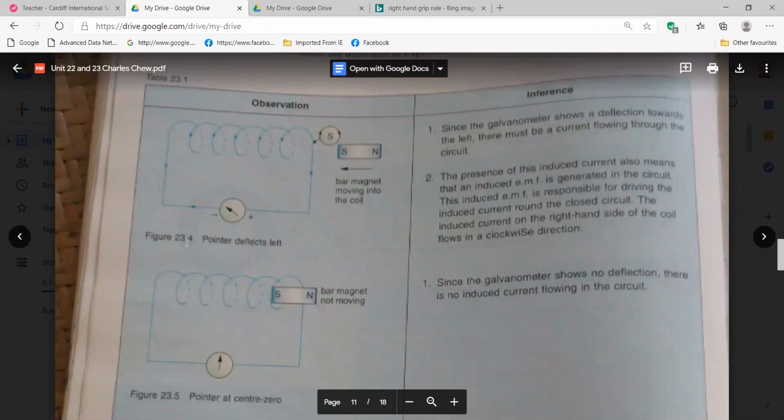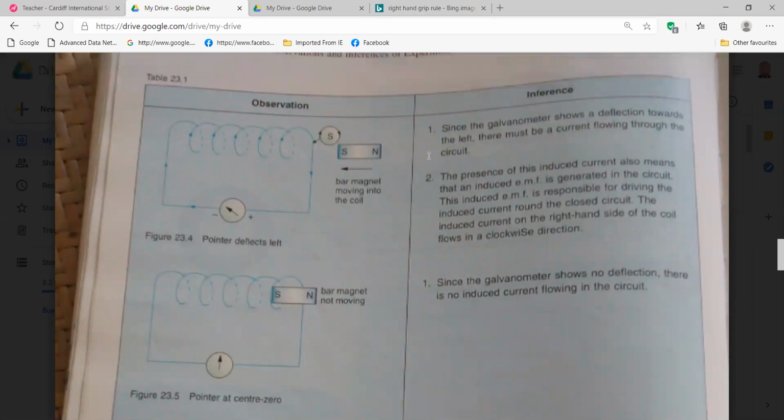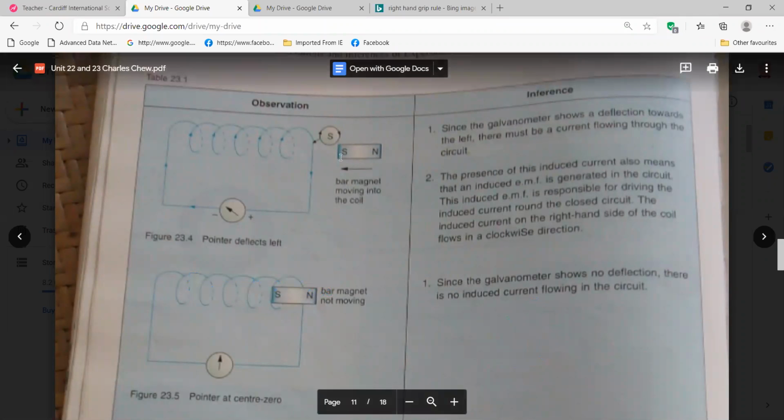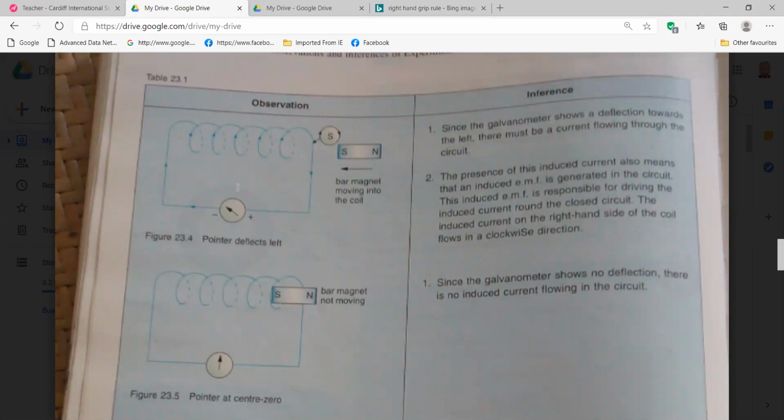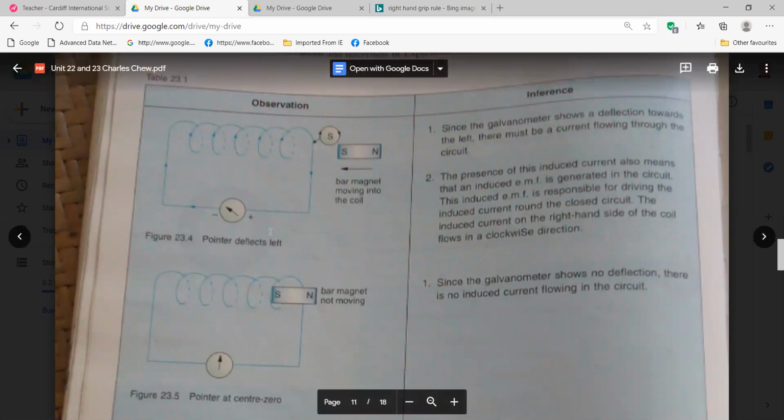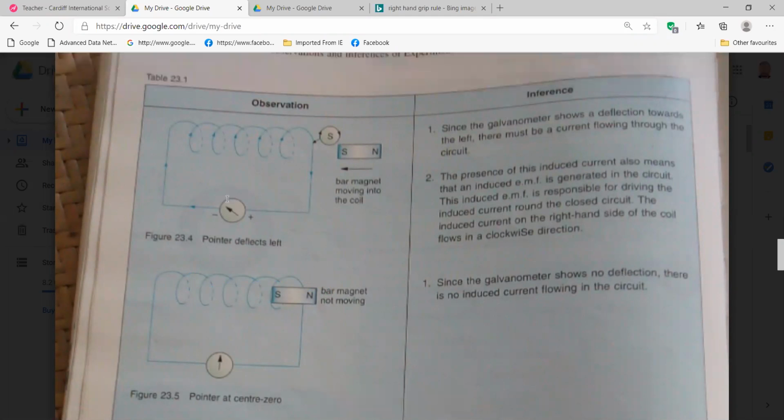Look, here we got Faraday's law of induction. You already got there that if a magnet is taken towards the coil, then we are getting induced EMF in the coil, and we can see the deflection of the needle.